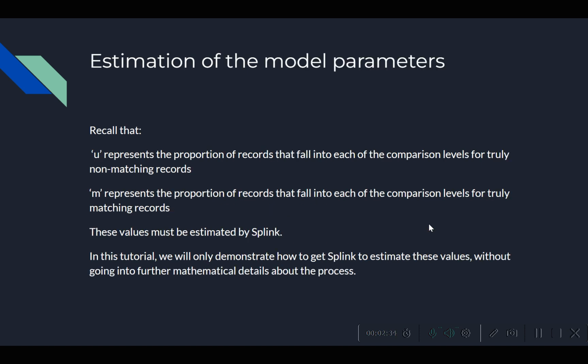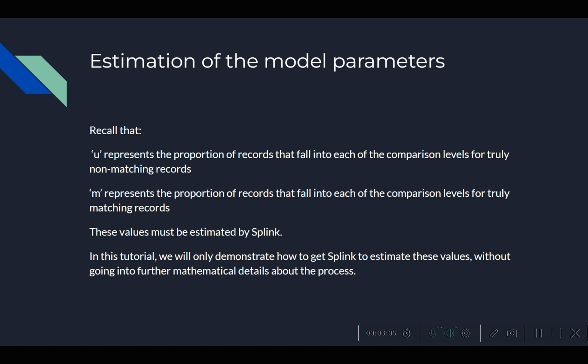In this tutorial, we're also going to examine the estimation of the model parameters U and M. Recall that U is the proportion of records that will fall into each one of the comparison levels when 2 units are truly non-matching records, whereas M represents the same proportion of records that fall into each comparison level when you have truly matching records.